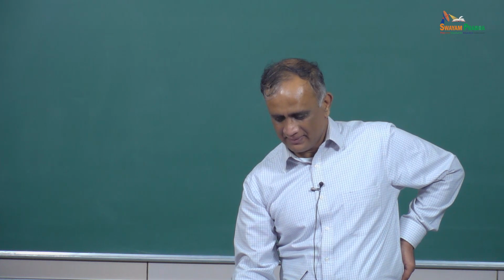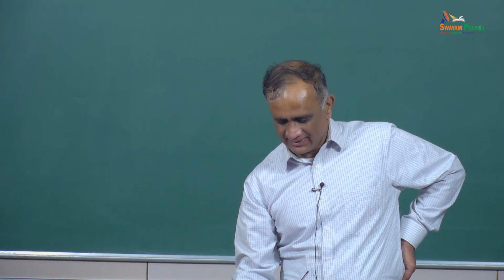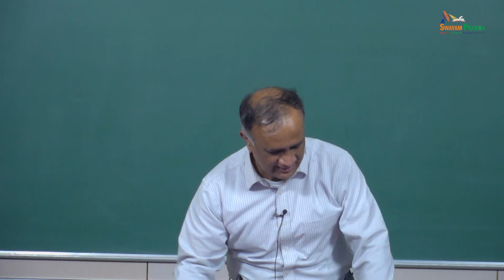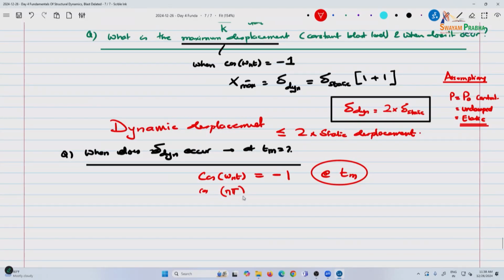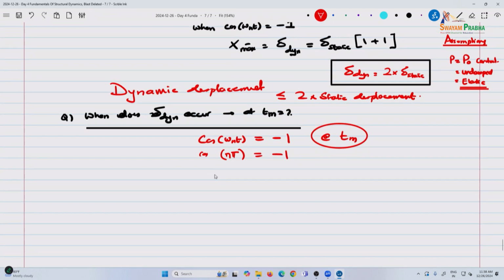N pi, right? So omega n t m equal to, let us say, pi.